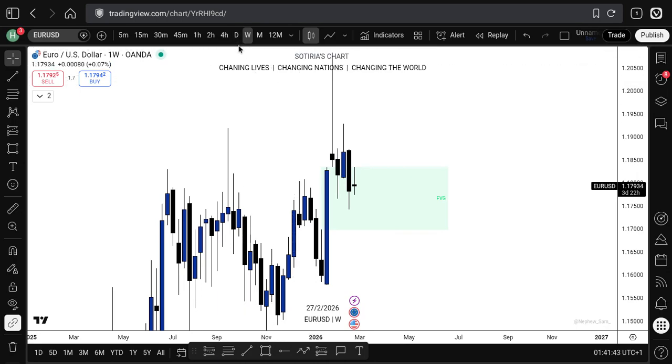We can see that we also close bearish on the weekly time frame, but we are bullish. I don't see any bearish reason on EURUSD.